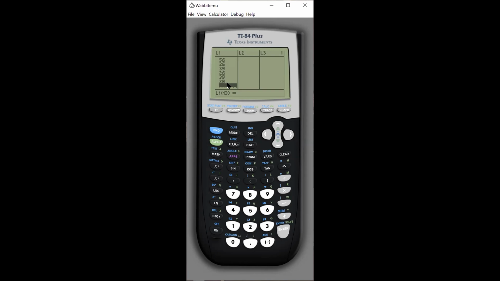All right, so I entered all the data set into L1.